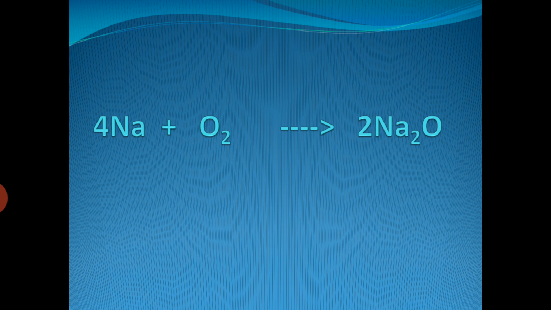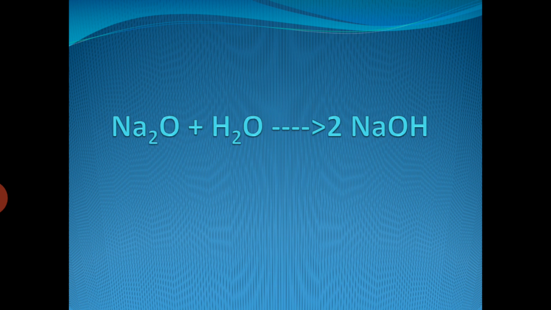Due to this property, when sodium comes in contact with air, it catches fire. That's why it is stored in kerosene. So when sodium burns in oxygen, it gives Na2O, sodium oxide, and when sodium oxide dissolves in water, H2O, it gives sodium hydroxide, which is alkaline.